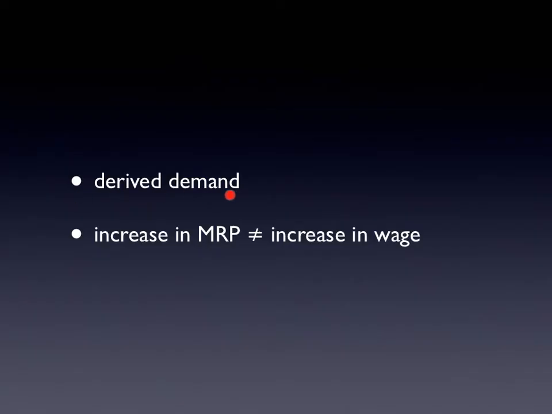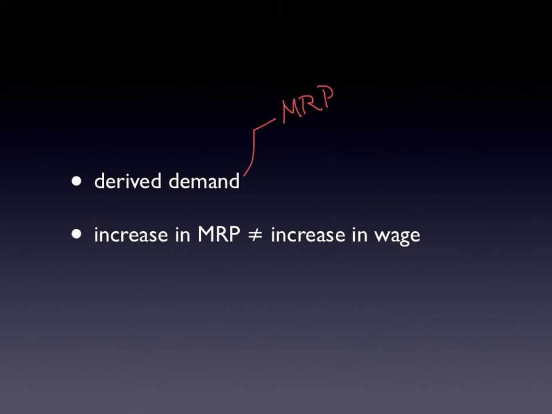Derived demand is central to our understanding of the factor market. This is simply the notion that the demand for workers comes from the demand for the goods that those workers produce. This can be understood when we take a look at our marginal revenue product. Remember, marginal revenue product is the income, it's the end that firms are seeking when they're hiring workers.